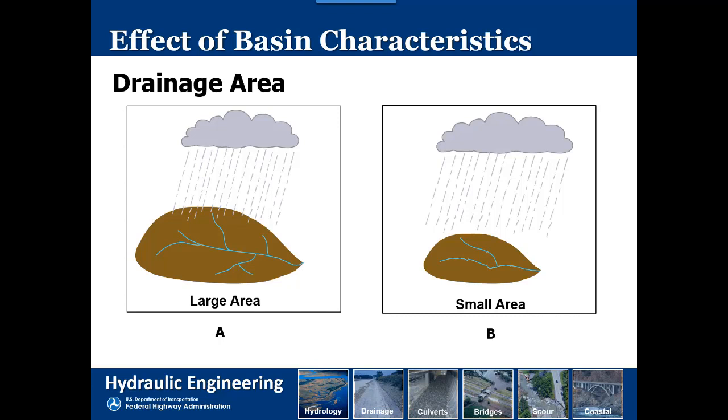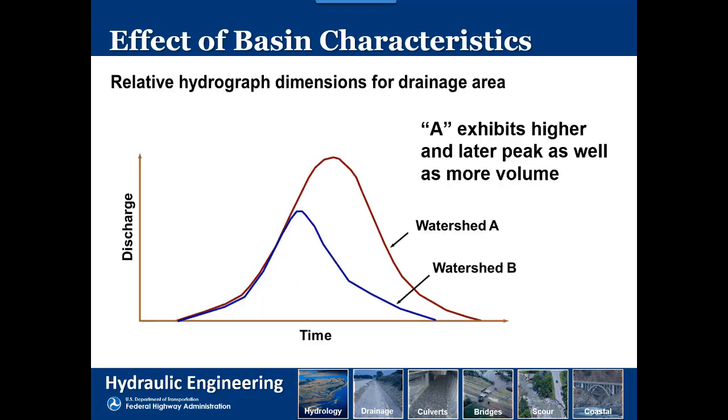And in this next slide, this is the effect you'll see from these two watersheds. So the red line is the hydrograph from watershed A, which is the larger drainage area. And you can see that even though the hydrographs start at the same time, because we have the same intensity, it moves along, but the larger drainage area has a higher peak.